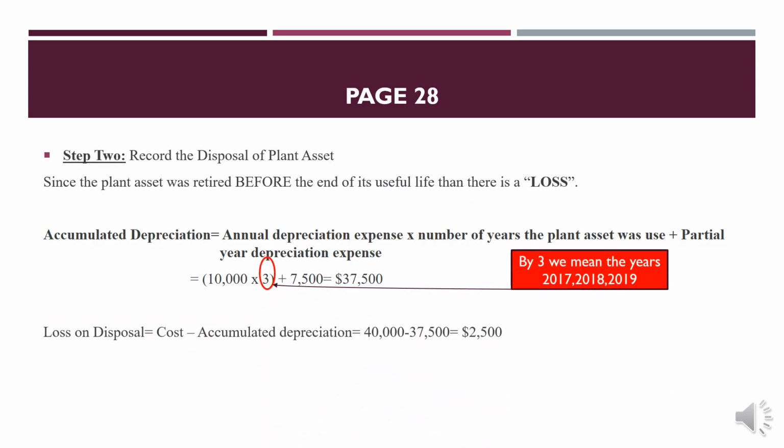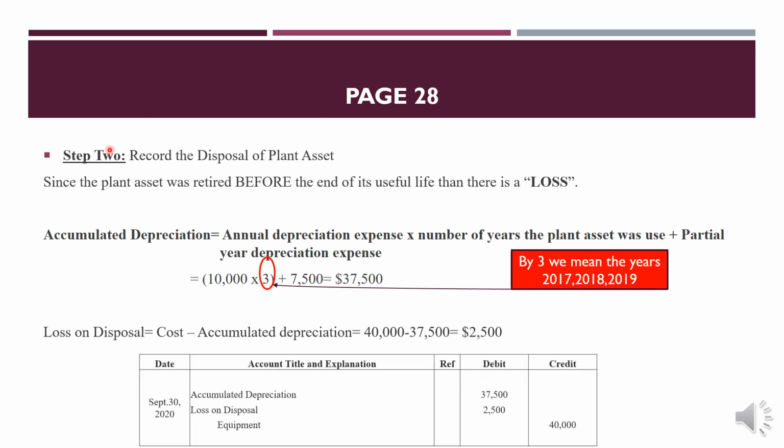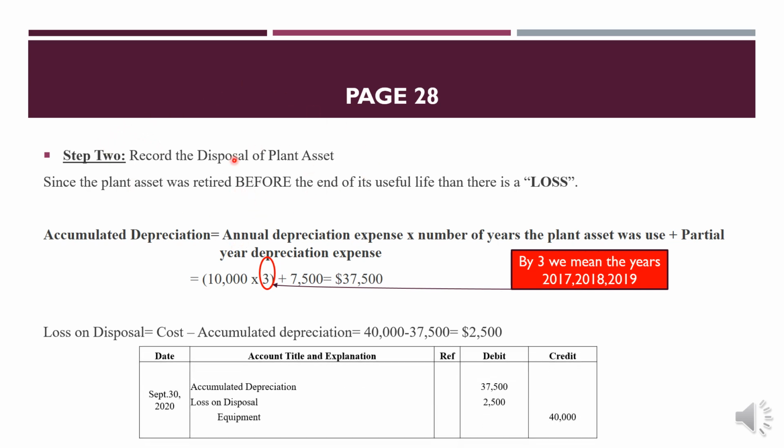So in the second step, we need to record the disposal of a plant asset. Since the plant asset was retired before the end of its useful life, then there is a loss. A loss because the plant asset was not fully depreciated, it was not fully used as expected. We need to calculate the accumulated depreciation, but here you need to pay attention that the last year of usage is a partial year.